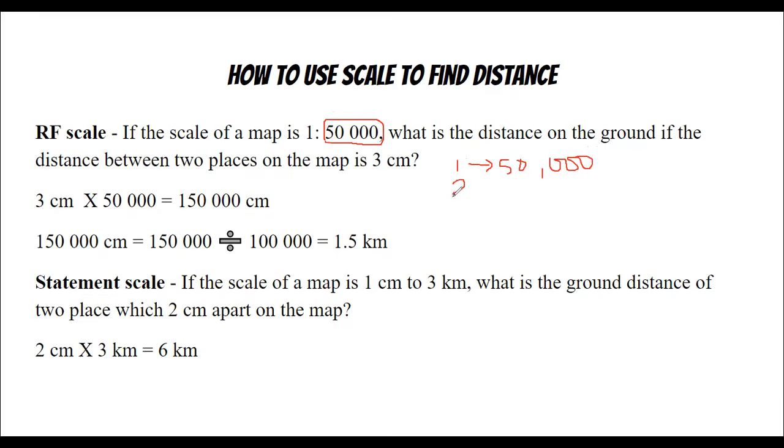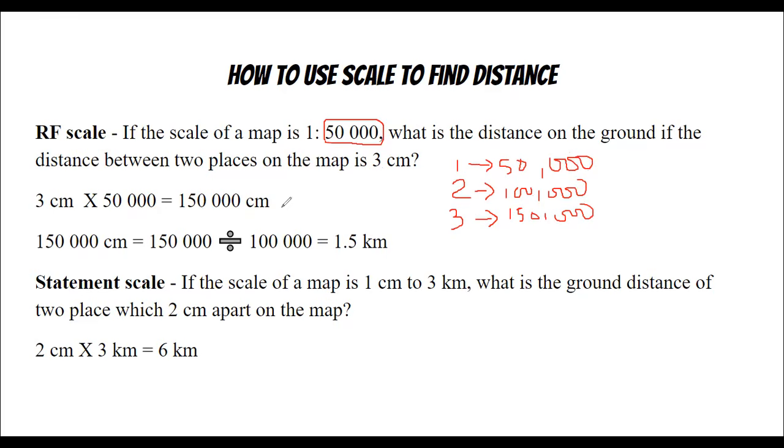then 2 units on the map would be 100,000, which follows that 3 units on the map would be 150,000. Now you wouldn't have to do it this long way.